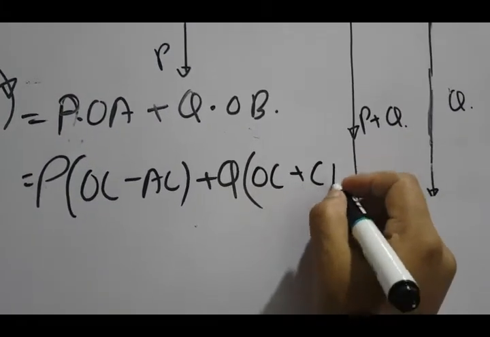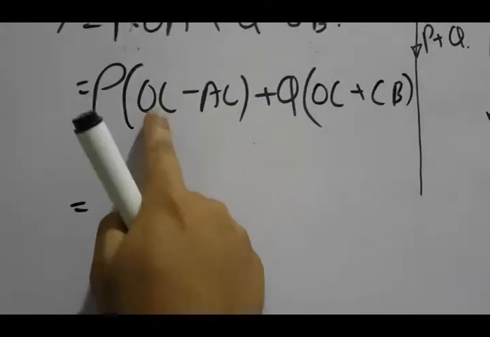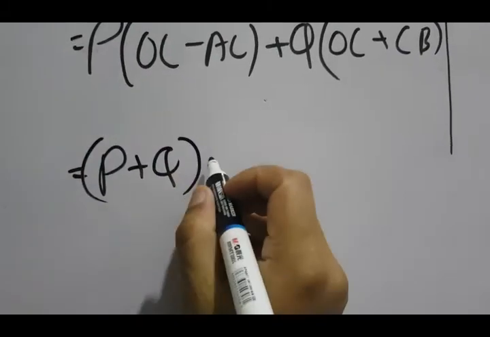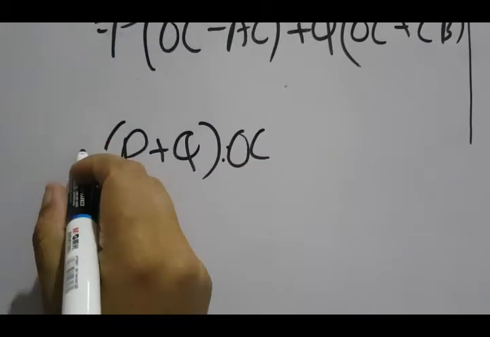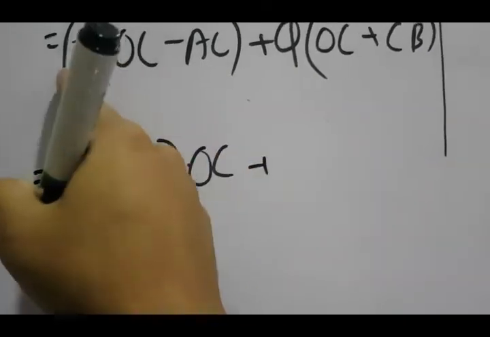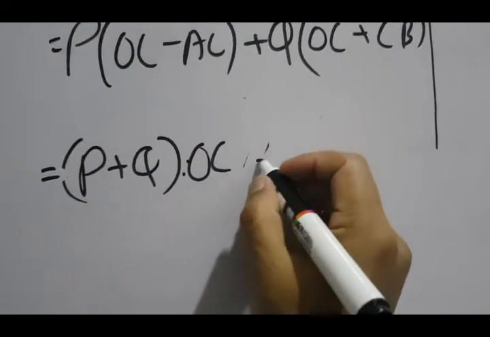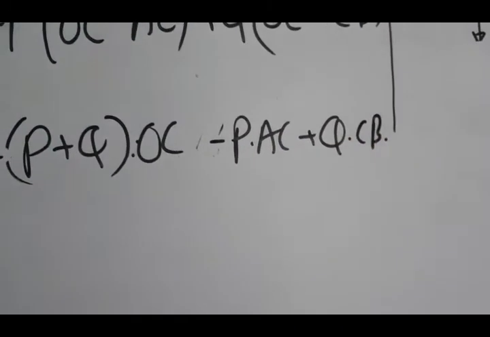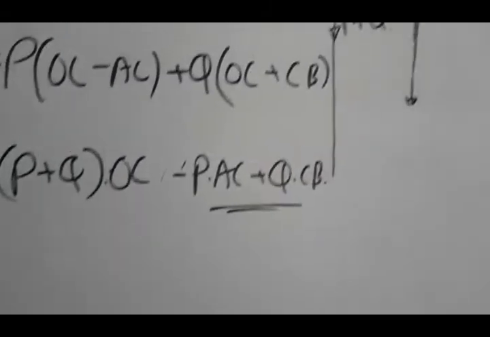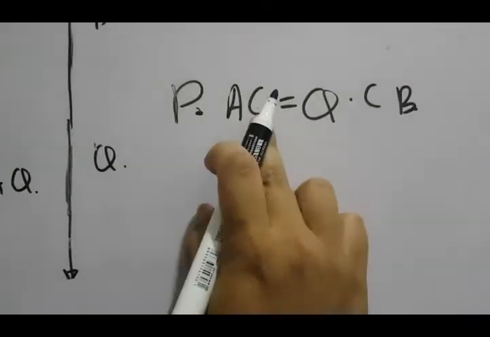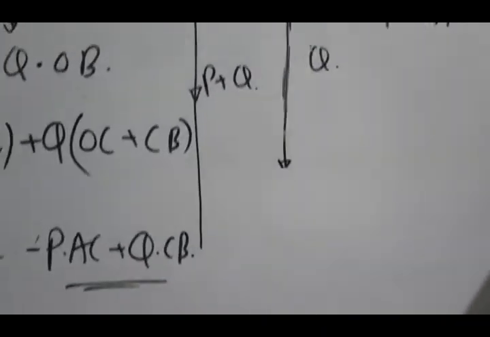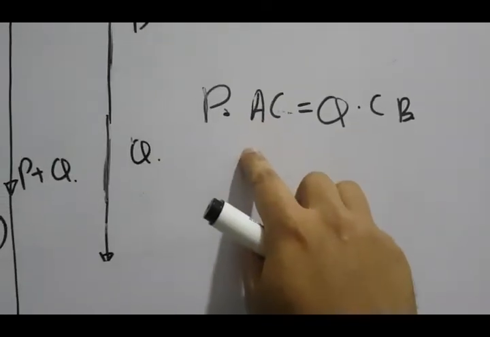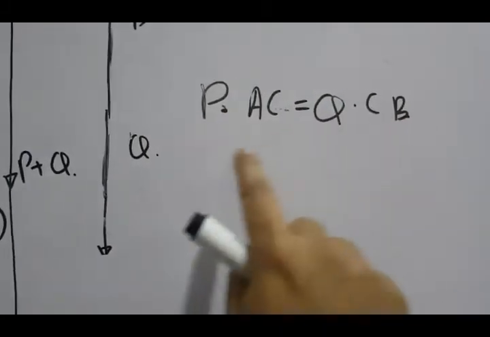Okay, now collect terms of OC, which gives you P plus Q into OC. And we are left with minus P AC plus Q CB. So what does this give you? You know from the earlier theory that P AC is equal to Q CB, which means minus P AC plus Q CB gives you 0.